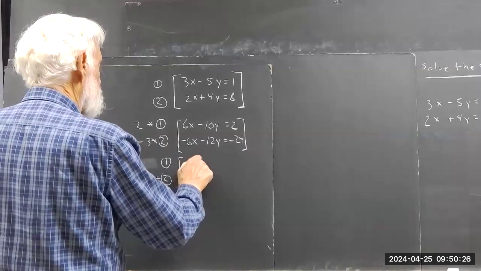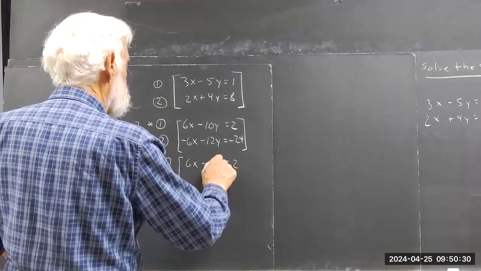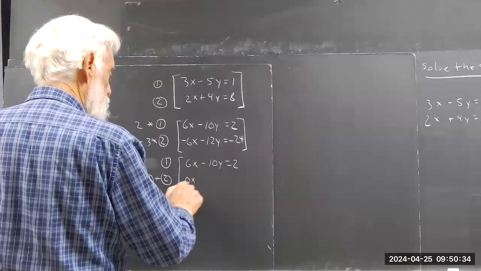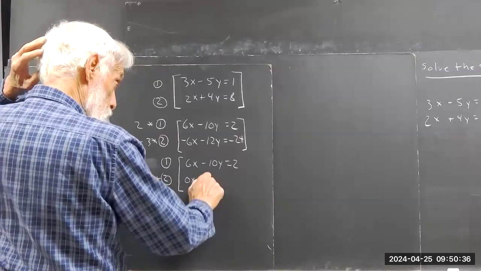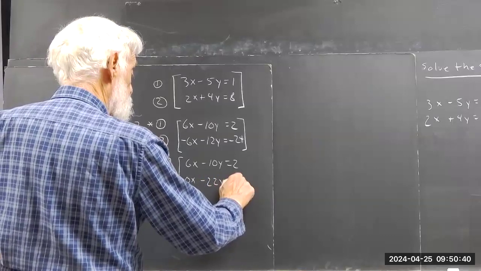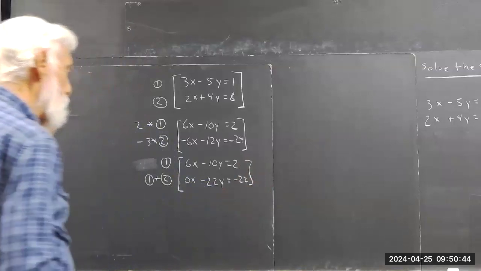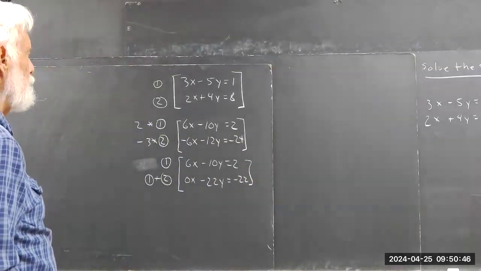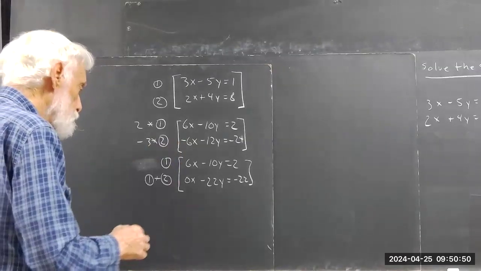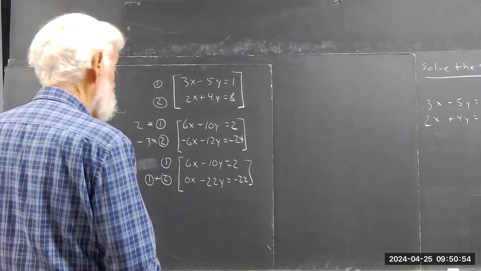It's going to give us 6x minus 10y equals 2, and 0x minus 22y equals minus 22. Doesn't come out at all the way I thought it would. Anyhow, it's going to work.